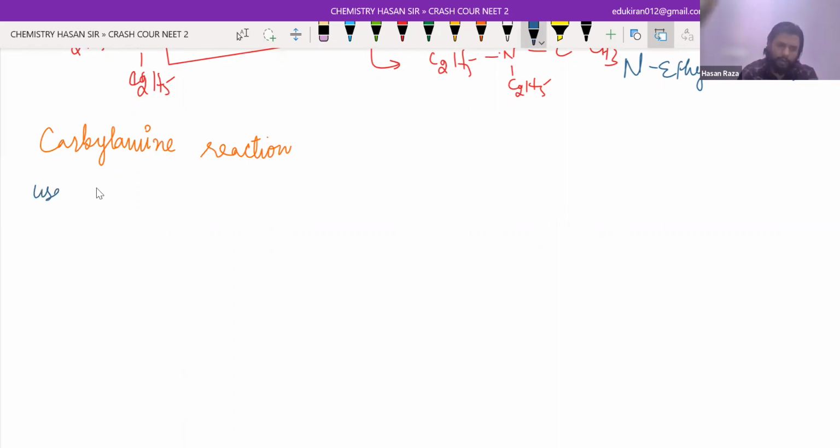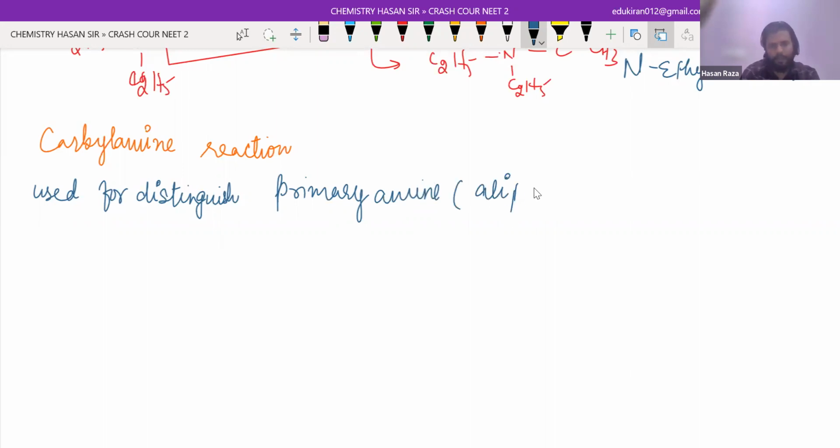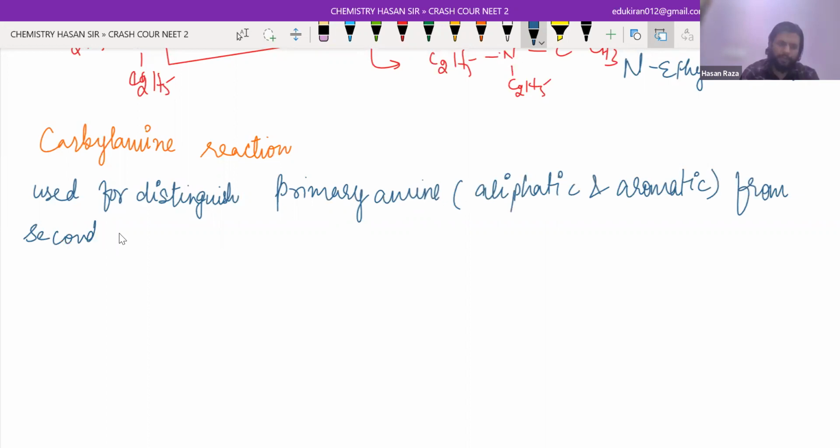So I'm going to write a point: used to distinguish primary amine, whether it is aliphatic or aromatic, from secondary and tertiary amines.